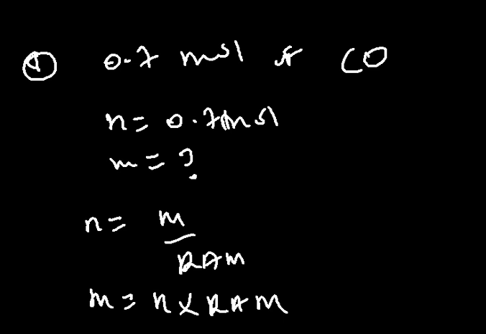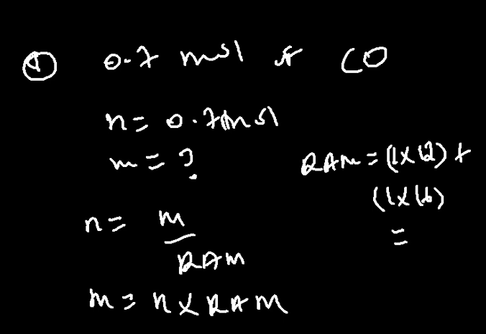Now the number of moles being given, we have the molar mass of carbon monoxide. What is the molar mass for carbon monoxide? We have the single atom of carbon, that is 1 times 12, plus 1 times 16. That will be given as 12 plus 16. So what is 12 plus 16? That is 28.